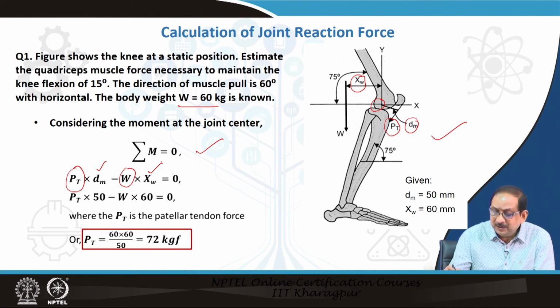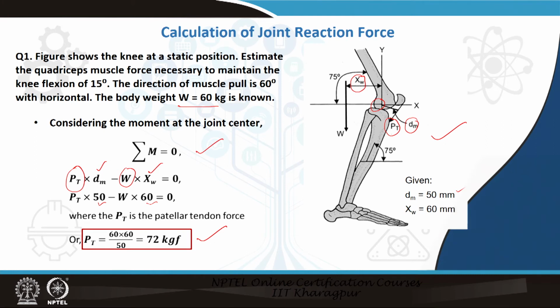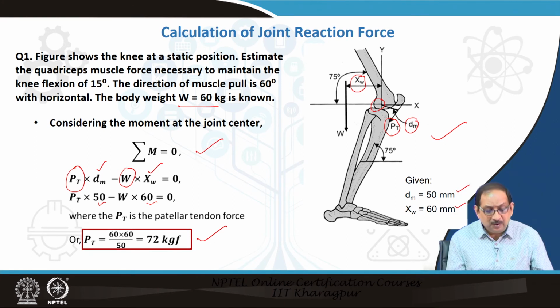Now, if we consider the given data of 50 and 60 millimeter for dm and xw respectively, we can substitute these values and find the patellar tendon force of 72 kg force based on the data given for this problem.